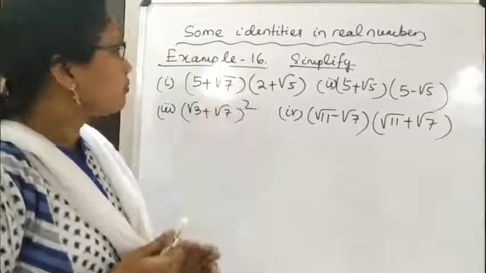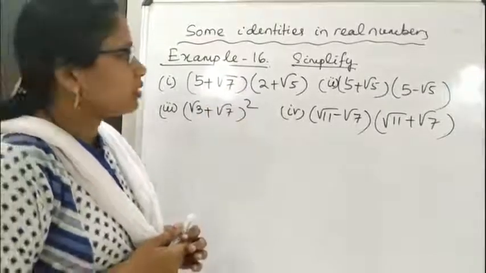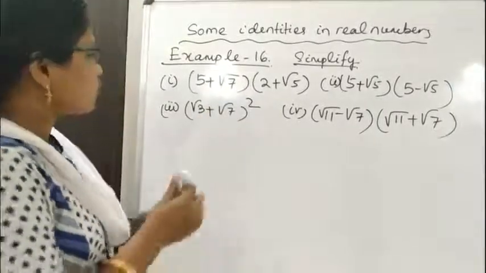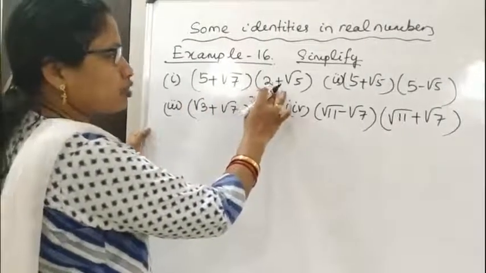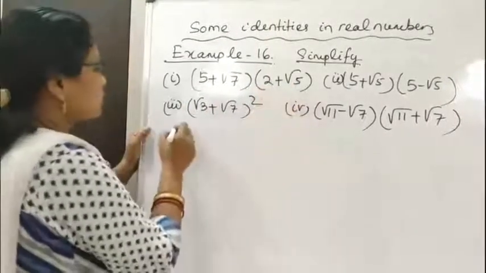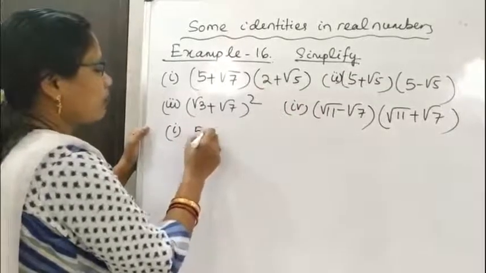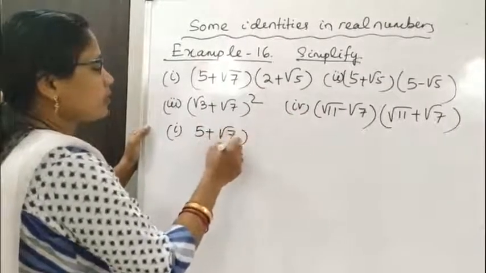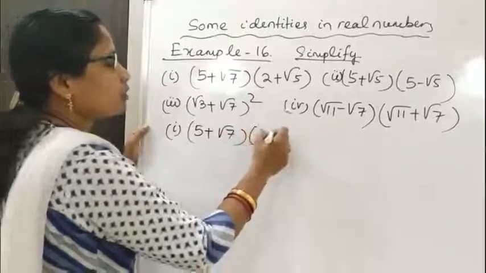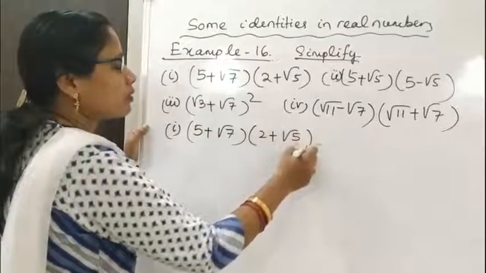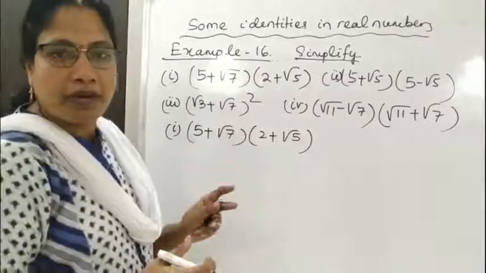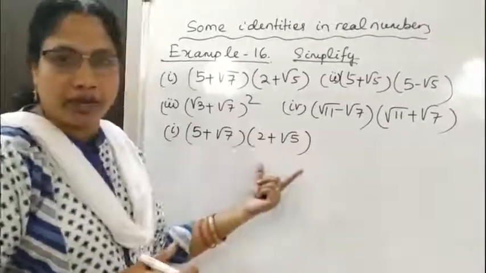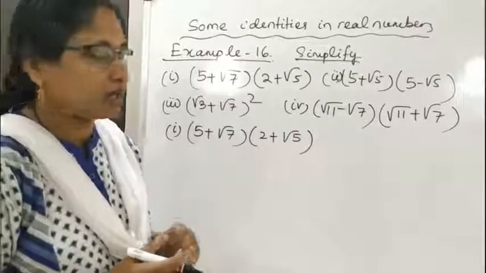Let us solve this example 16. Simplify. First one is 5 plus root 7 multiplied with 2 plus root 5. Here we have to multiply as we have multiplied a binomial with a binomial in case of algebraic expressions.